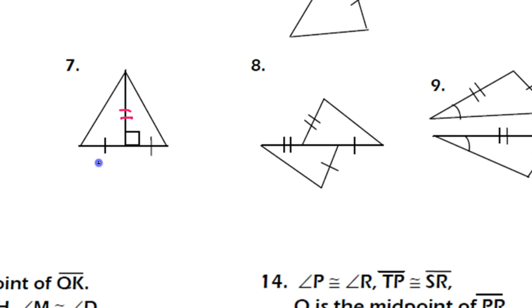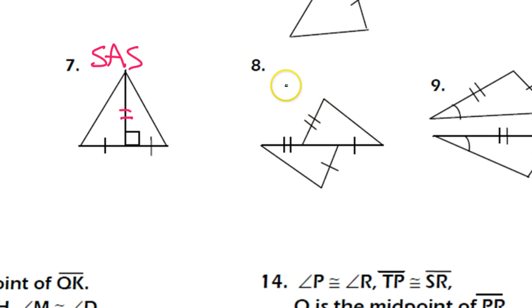Now, is this hypotenuse leg? No, because the hypotenuse is out here, and that's not one of the congruent sides. But they are congruent, by side, angle, side. Just treat it like a regular triangle. So I have two sides and the included angle, so that's side, angle, side.